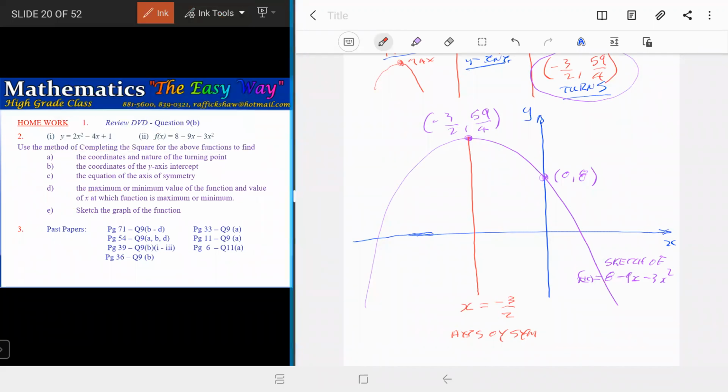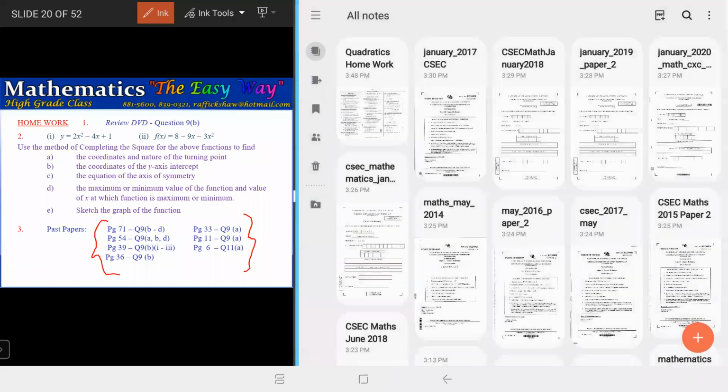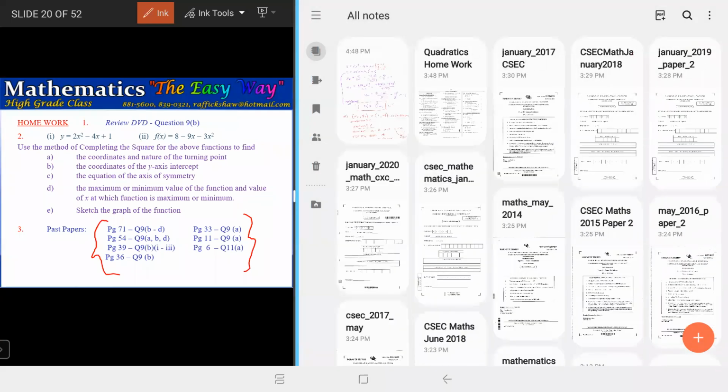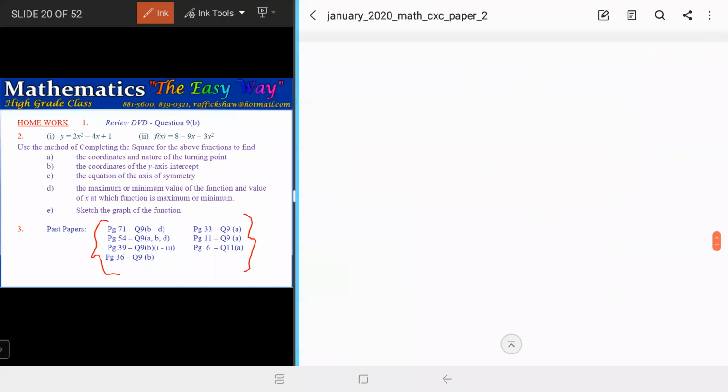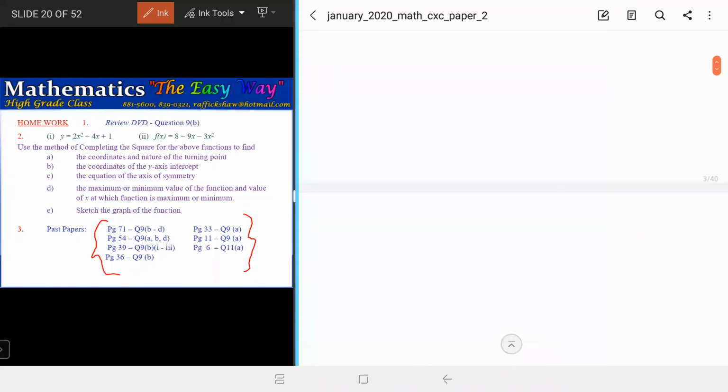Right. So we're gonna do at least one of these. But I just wanted to look at an actual exam paper before we move on and show you an actual question, an actual exam paper, to see that I'm not telling any lies. There was a question on the exam paper in January 2020.